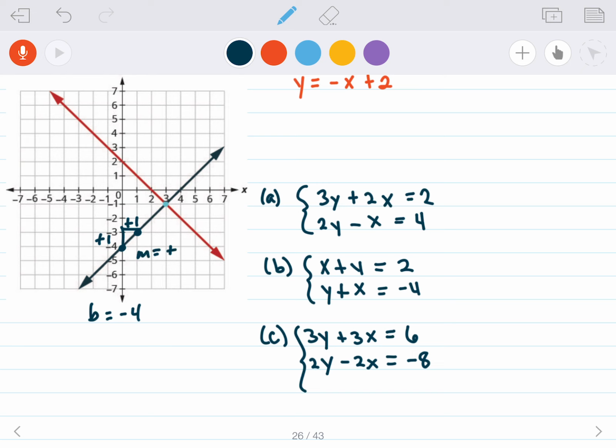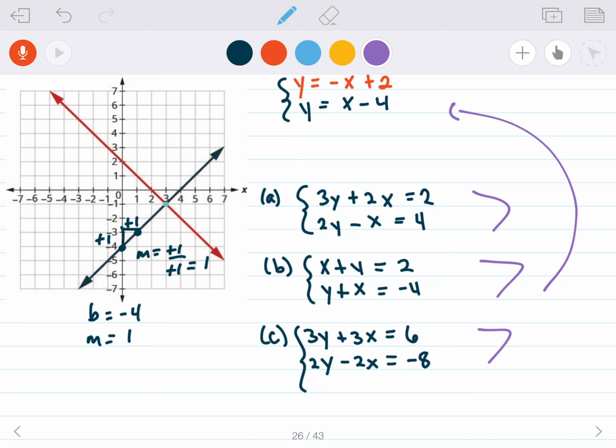So rise over run is going to give me a net result of positive 1 for my slope. So therefore my equation of the black line is y equals m, which is 1, times x plus b. So this is my system, and we have to figure out which one of these is actually this in disguise.